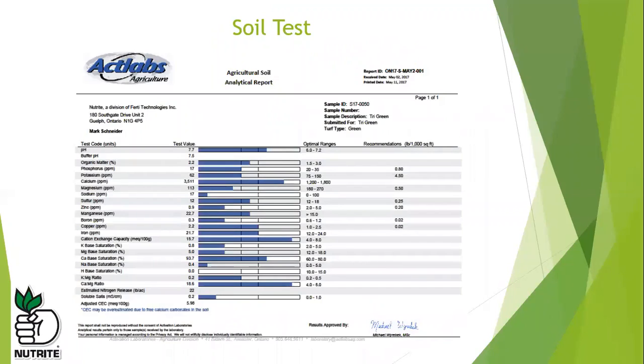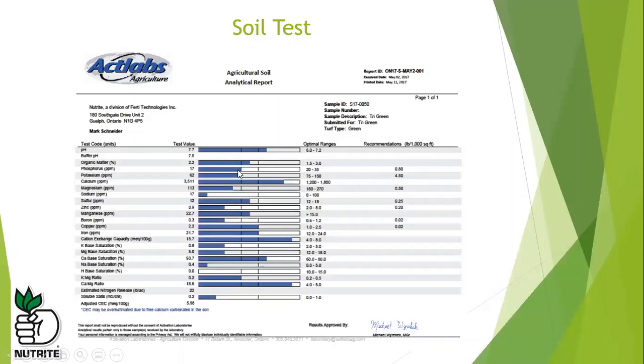Here's an example of the typical soil test that you get back from the lab. On the top, you'll see the pH value, the buffer pH, organic matter, which we talked about in our previous section. In this case, it's 2.2% of the total, and the ideal range being 1.5 to 3%. So this sample really falls in a good section of organic matter. The phosphorus is expressed in parts per million.